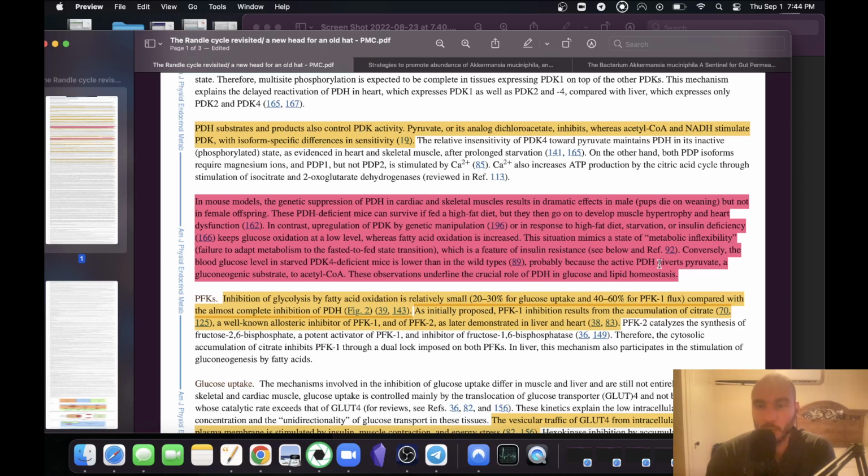Essentially, what they're discussing here is that if you downregulate pyruvate dehydrogenase kinase, which is the enzyme that blocks pyruvate dehydrogenase, you upregulate pyruvate dehydrogenase. In doing so, it directs the product of glycolysis, pyruvate, to becoming acetyl-CoA and entering the Krebs cycle.